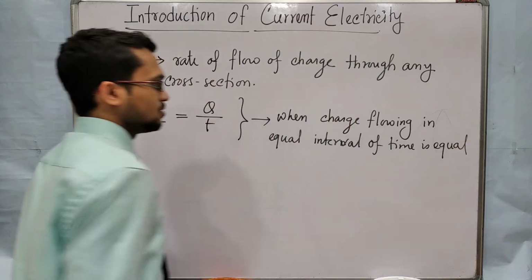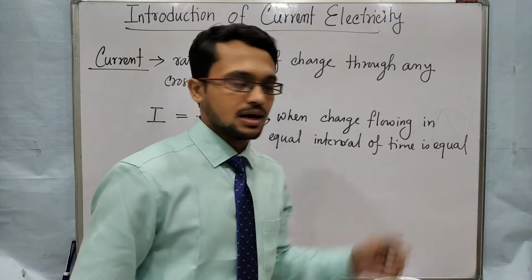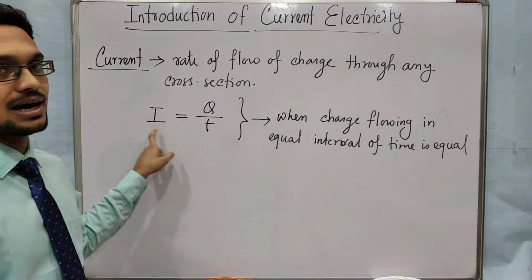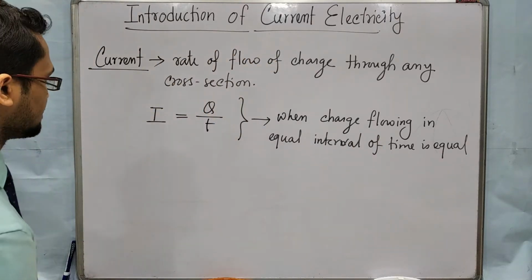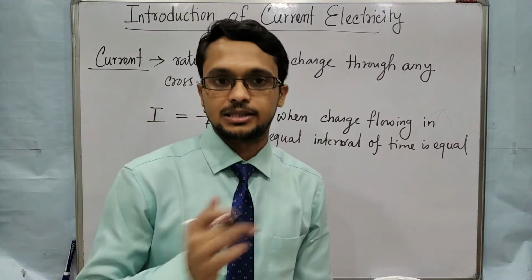That means in equal intervals of time, if the amount of charge flowing is equal, then we can use this formula I equal to simple Q by T. Otherwise we have to use another mathematical expression.